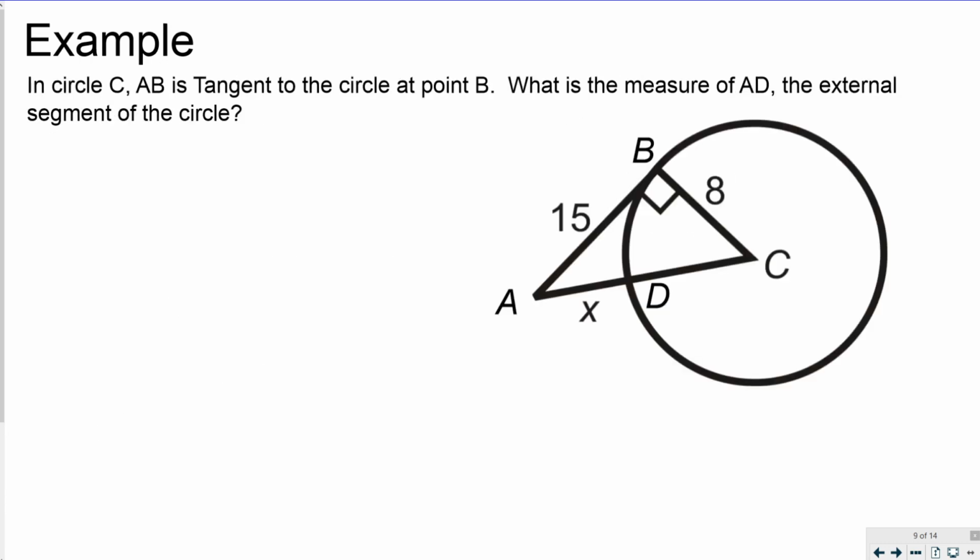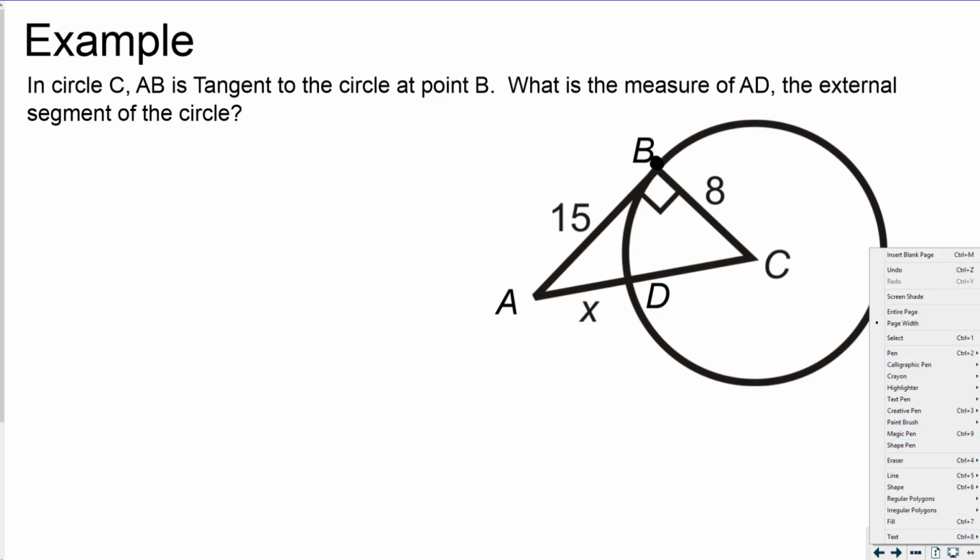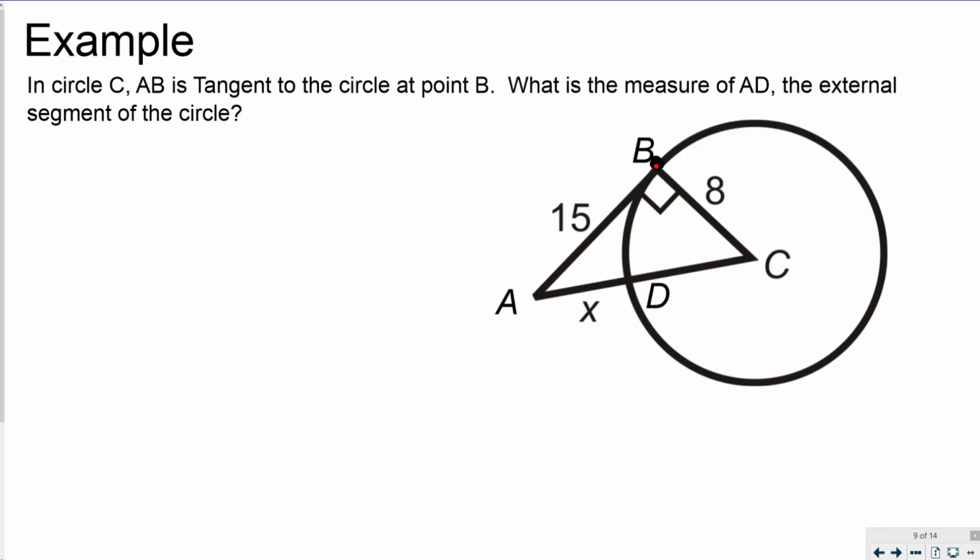Okay, so again, we have another Pythagorean theorem problem, and you might even recognize it, because you can already see that there's a right angle listed and it's a right triangle. But this one is a little bit different. It says in circle C, AB is tangent to the circle at point B, so we have our point of tangency here. I'm going to highlight it in red so that you can see what I'm talking about. What is the measure of AD, the external segment of the circle?